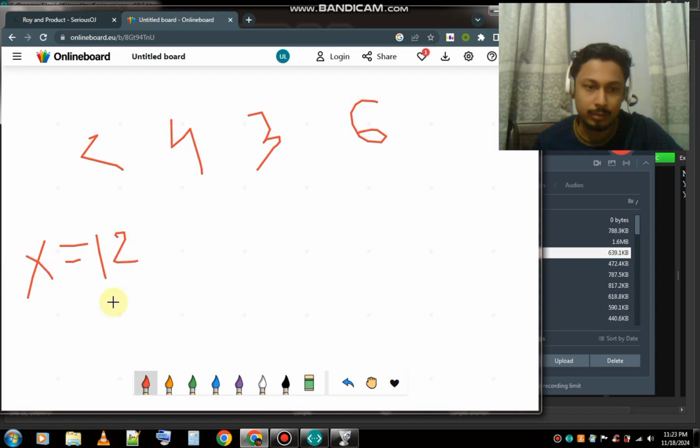Say the query is L equal to 2 and R equal to 4. Yes, there exists a subarray which is divisible by 12: 4 into 3.